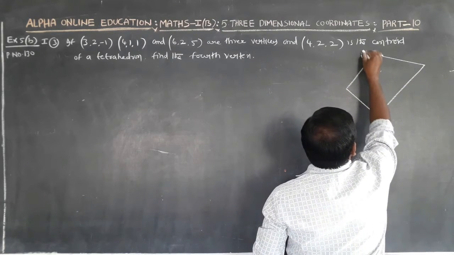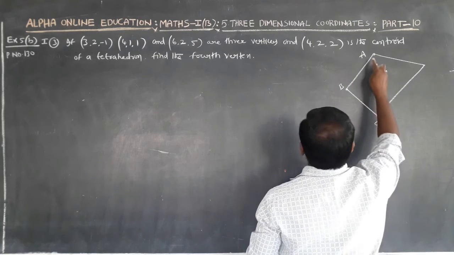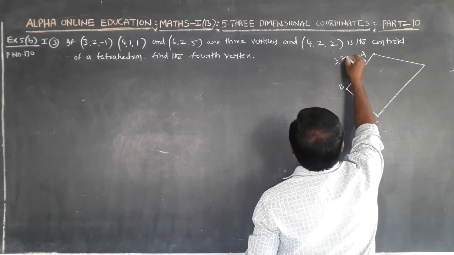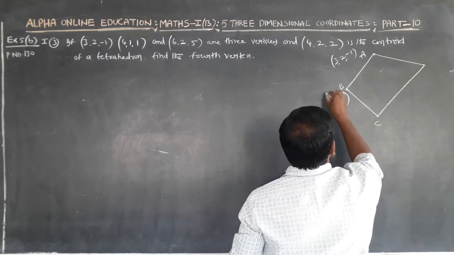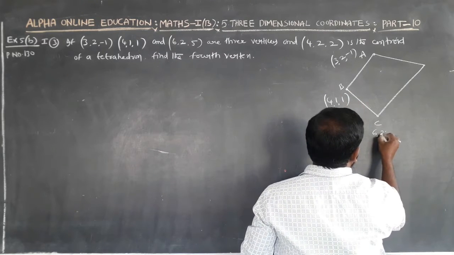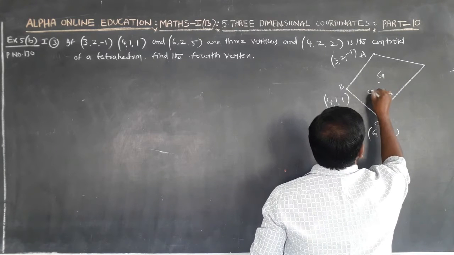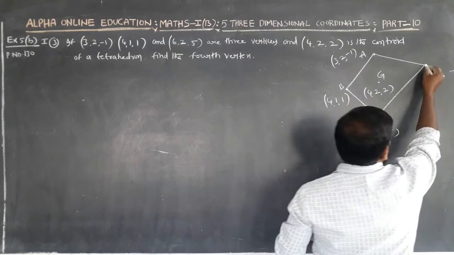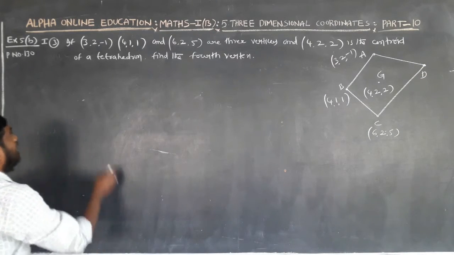This is the vertex A, this is the vertex B, this is the vertex C. A vertex 3 comma 2 comma minus 1, B vertex 4 comma 1 comma 1, C vertex 6 comma 2 comma 5, centroid 4 comma 2 comma 2. Find the fourth vertex of the tetrahedron.